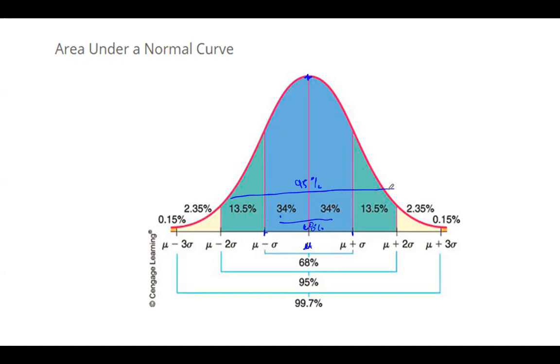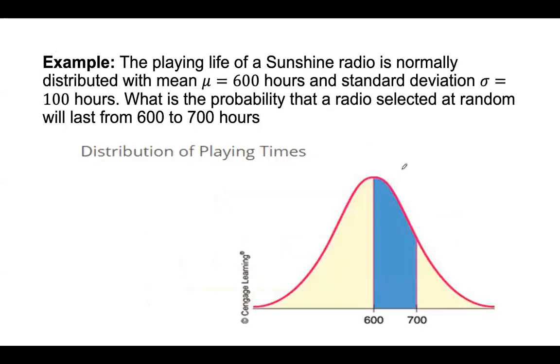And you could do the math: 95 subtract 68 divided by 2 is 13.5 and 13.5. And then we have these little areas as well. And then we have 99.7. So those are the probabilities, essentially.